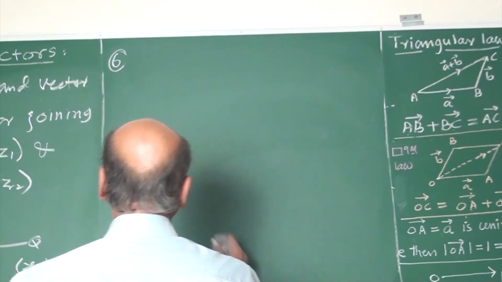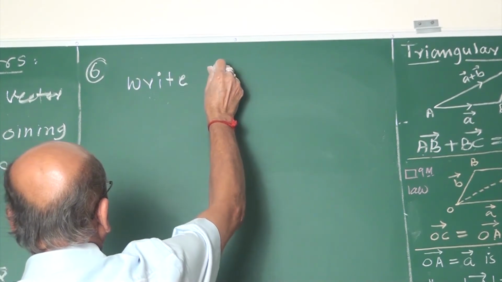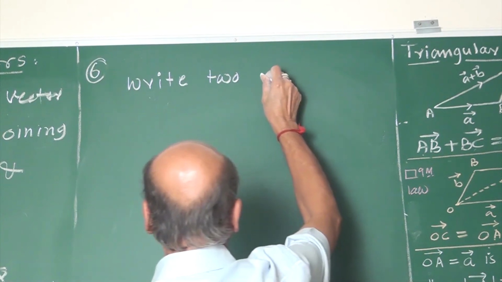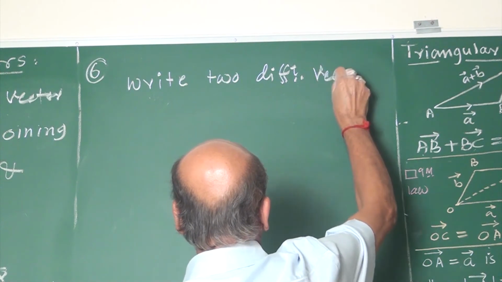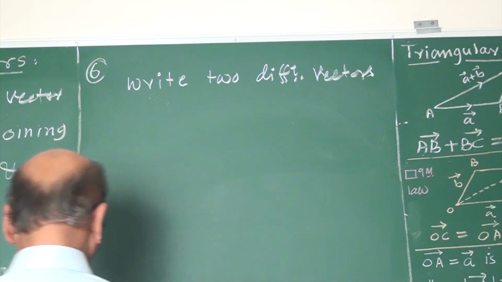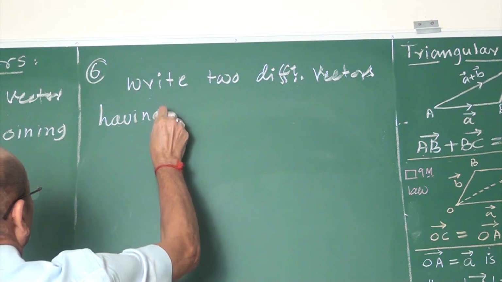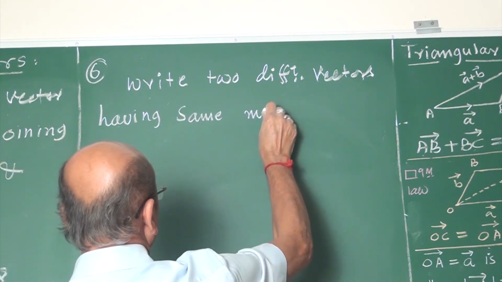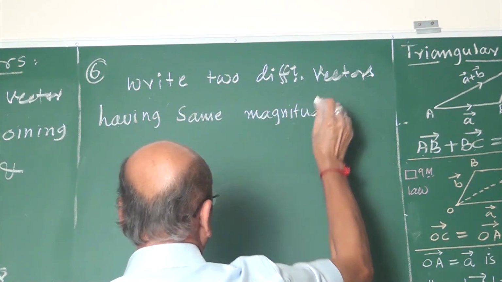Write two different vectors having the same magnitude. Magnitude must be the same, but the vectors must be different.